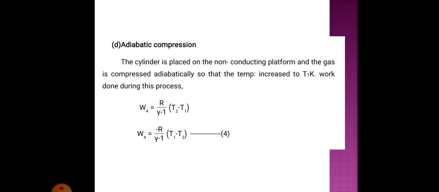No heat can escape, no heat can enter into the system. So the cylinder is placed on this non-conducting platform and the compression continues. Compression തുടരുന്നു. Now the compression becomes adiabatic because the system is perfectly isolated.